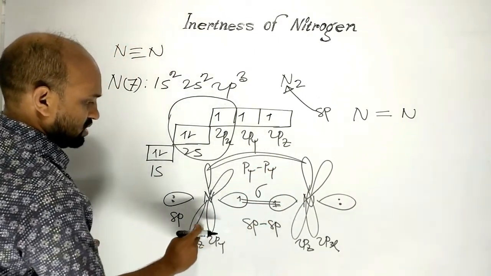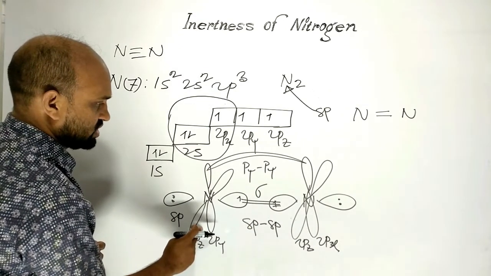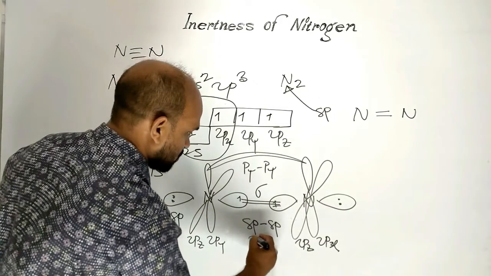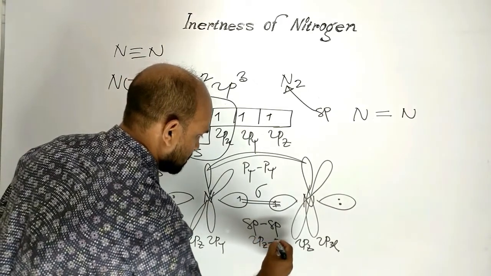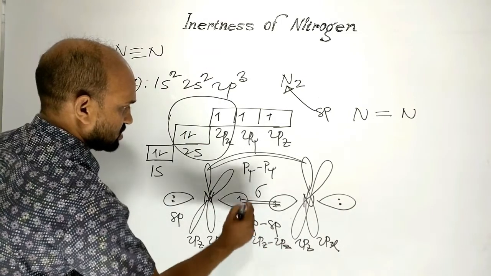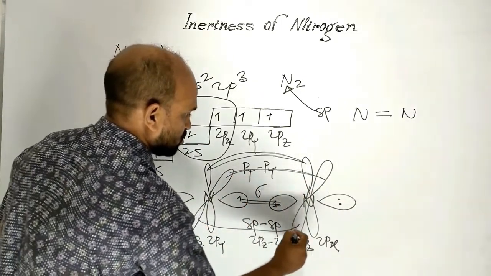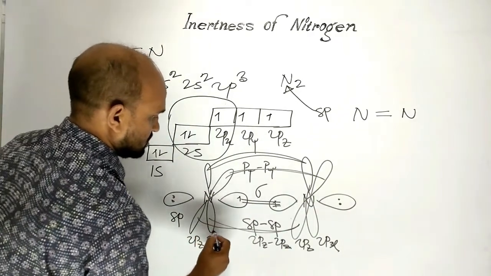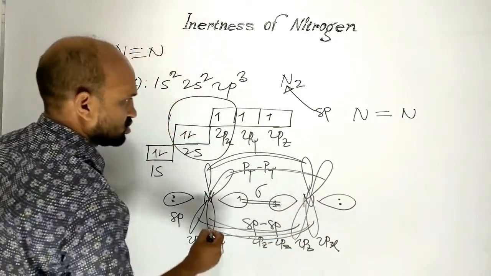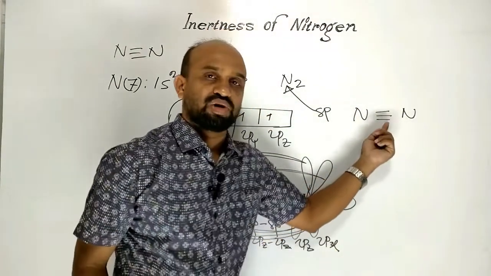Another pi bond is formed by the sidewise overlap of the 2pz unhybridized orbitals. So another pi bond is formed.